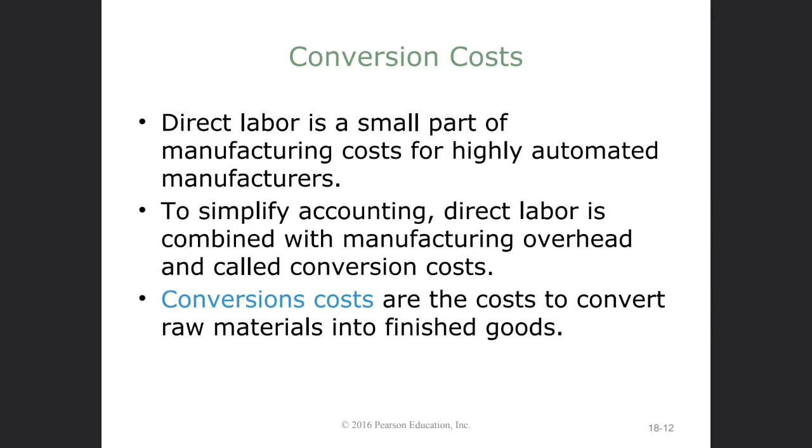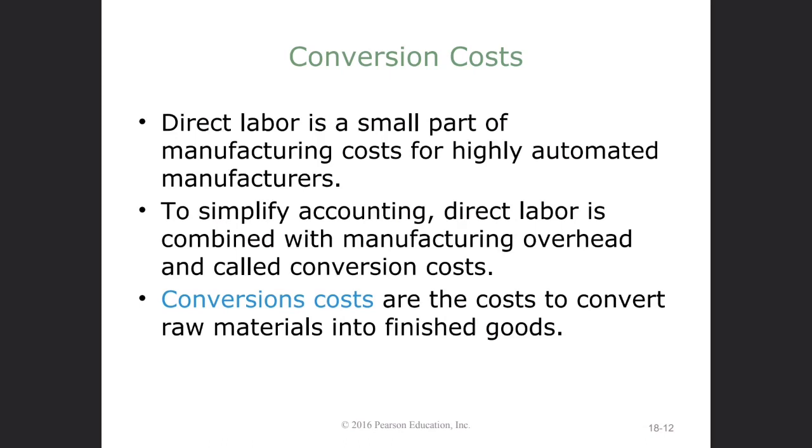So direct labor is a small part of manufacturing cost for highly automated manufacturers. It's normally a little bit more when you get more manual. And to simplify accounting, your direct labor is combined with manufacturing overhead, which is called your conversion cost.